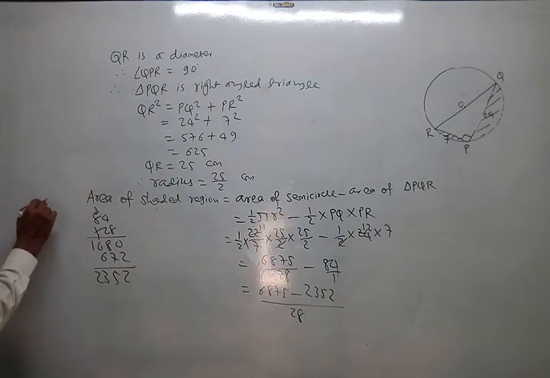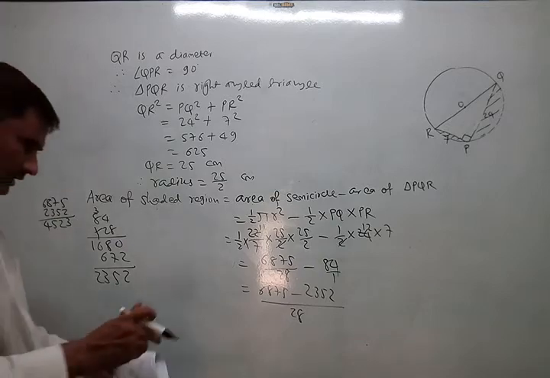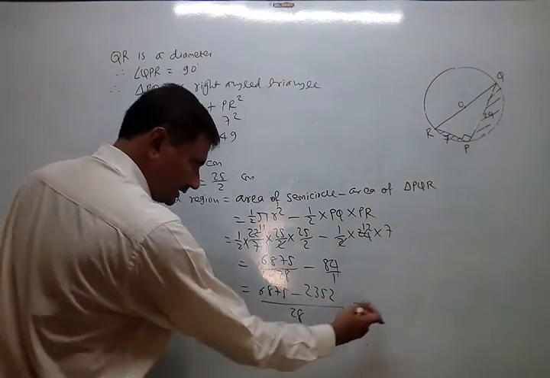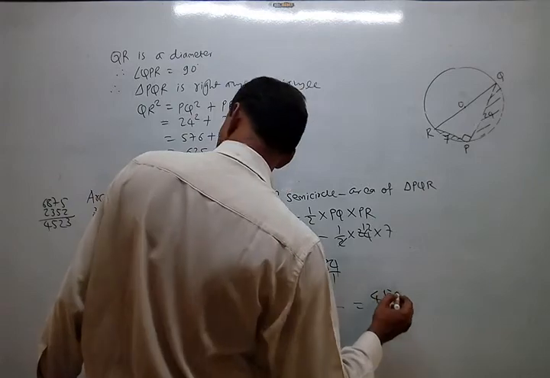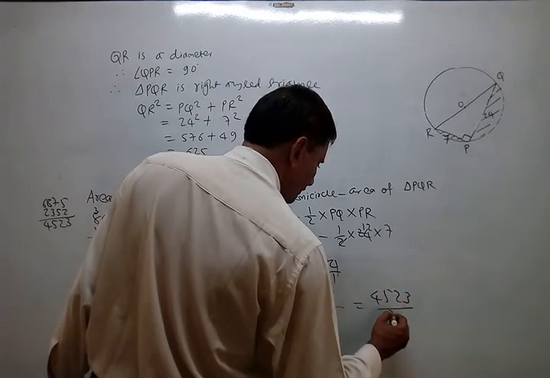Now take the difference: 6875 minus 2352 is 4523, upon 28. I am just writing here 4523 upon 28.